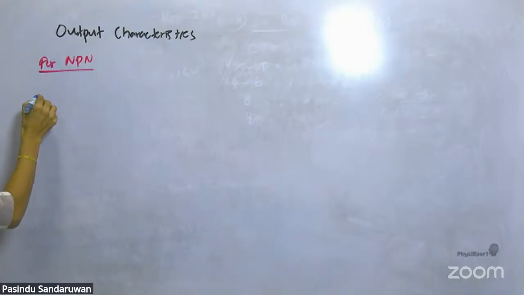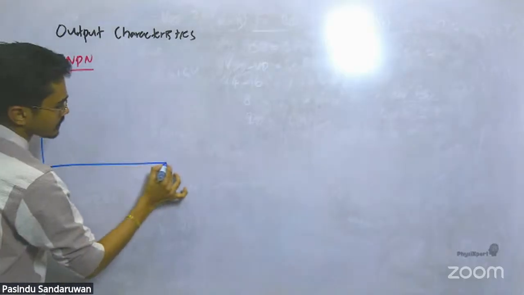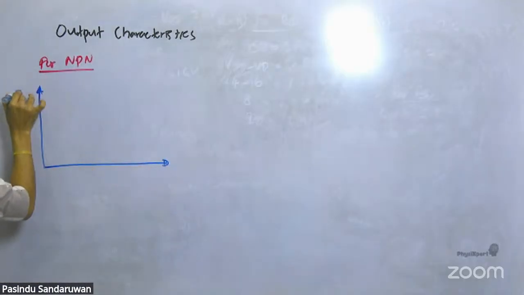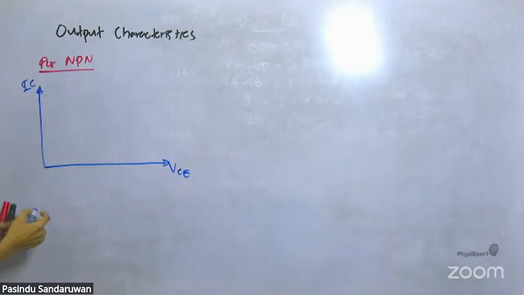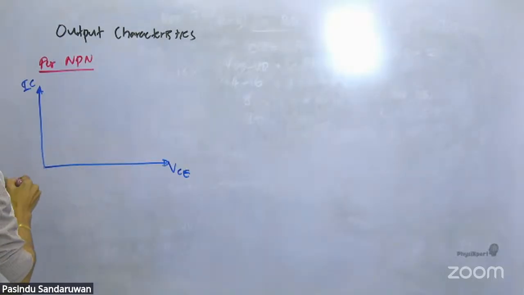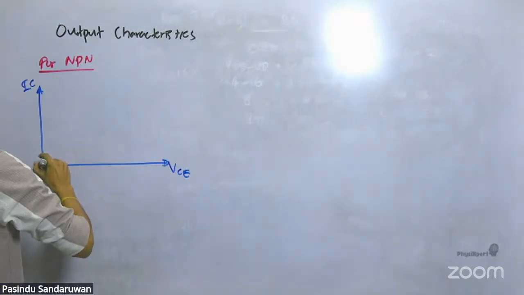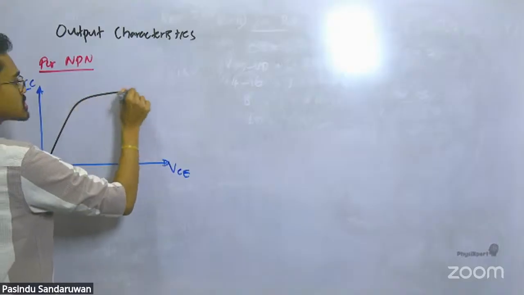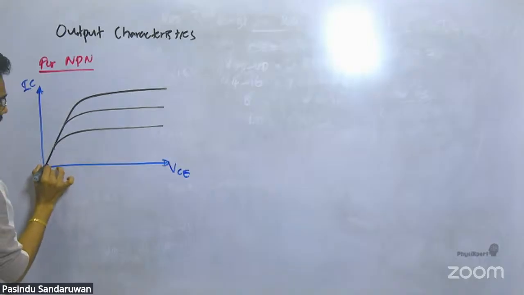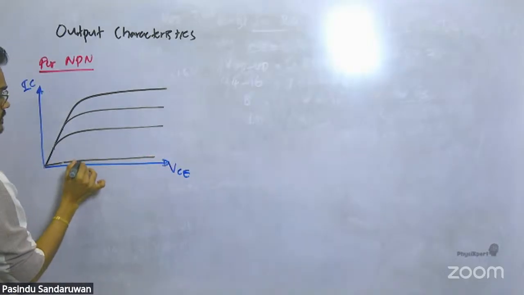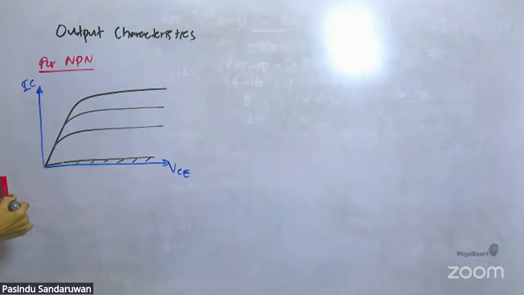For NPN, it is between IC and VCE, and the curve was like this. Usually we got three curves and regions were identified.